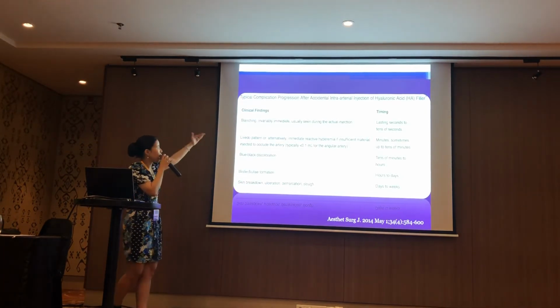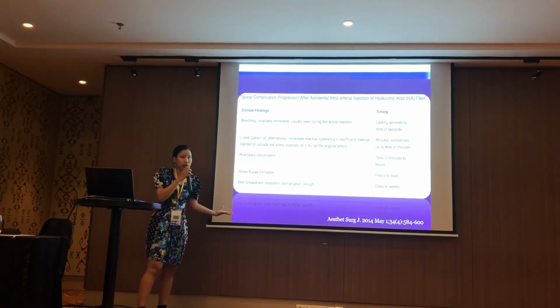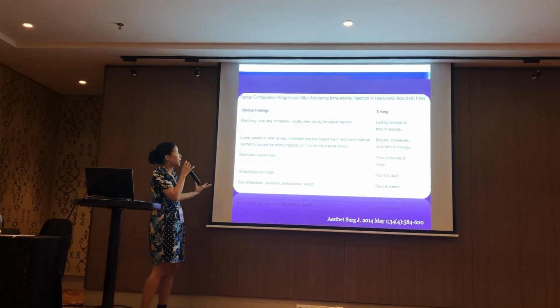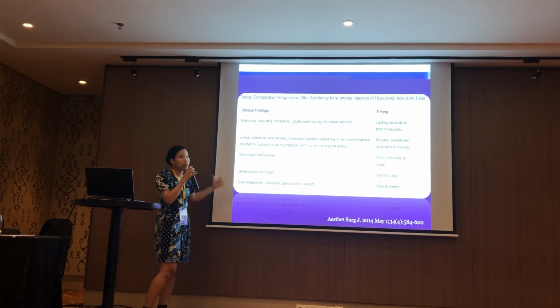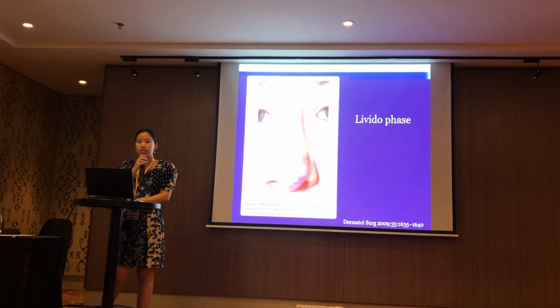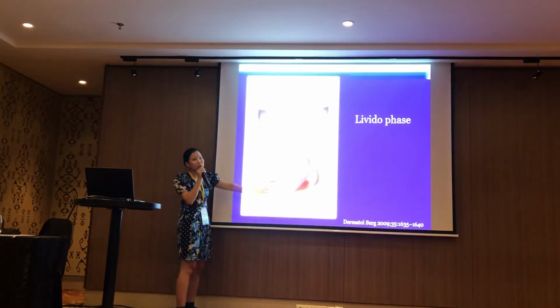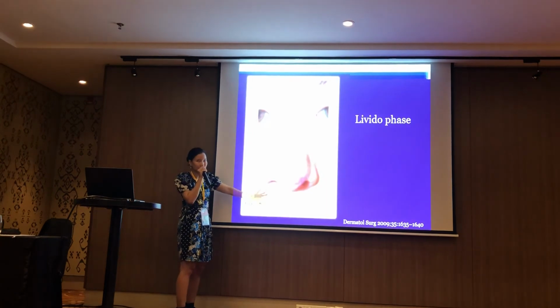Okay, firstly it has blushing, and then it has a radial pattern. Blue-black discoloration, blister and bullae formation, and skin breakdown acceleration. The faster you treat, the better the recovery. This is the livedo phase. So, remember this picture. It's very important.